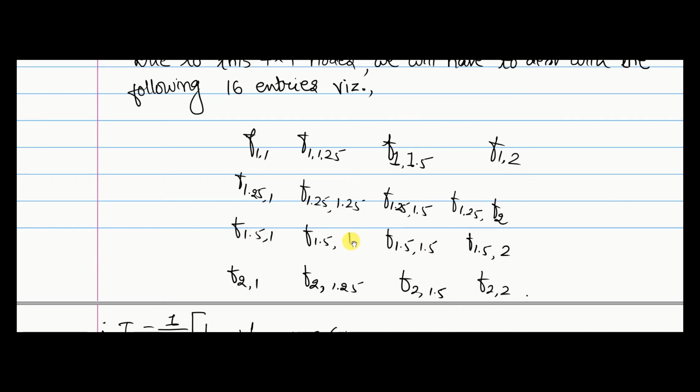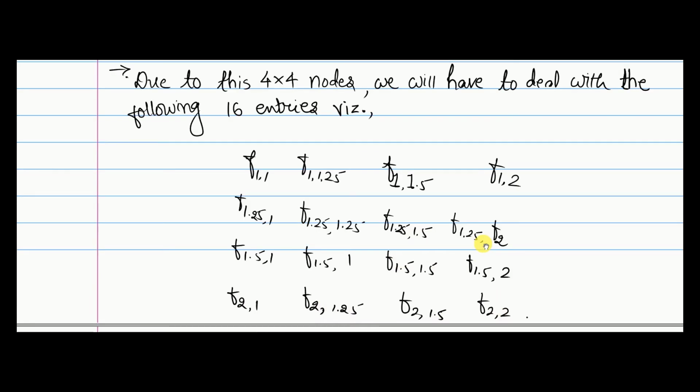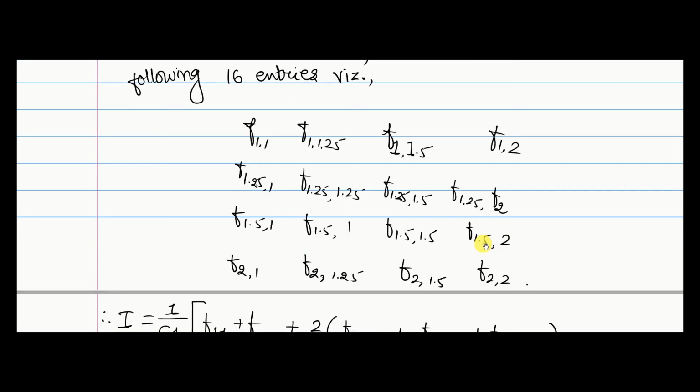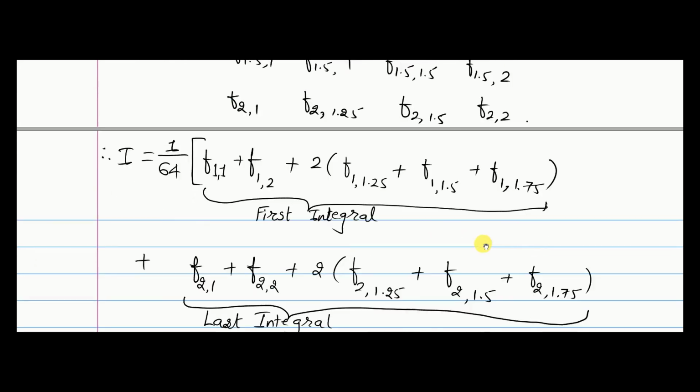Actually it's a mistake here to write 1.25. Then f(2,1), f(2, 1.25), f(2, 1.5), and f(2,2). So these 16 entries you need to find out explicitly, and then we will use these entries in solving this problem using double integrals for the trapezoidal rule.